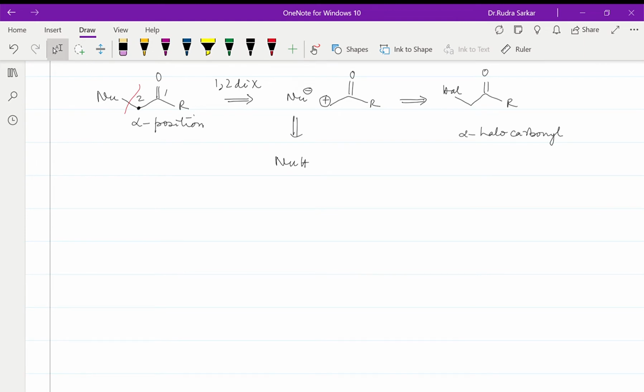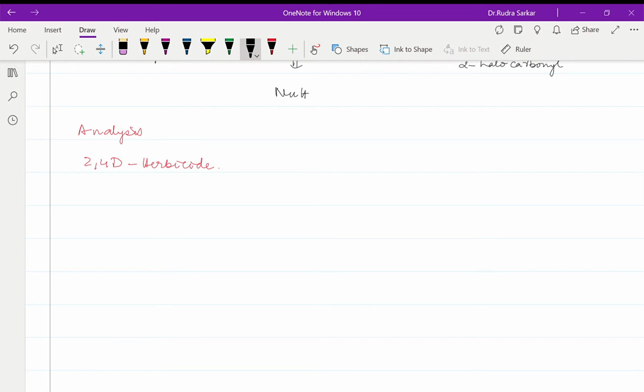So let us consider the retrosynthetic analysis of a herbicide, which is basically called 2,4-D herbicide. What is the structure of the molecule?